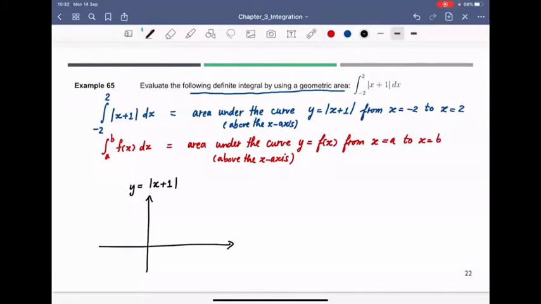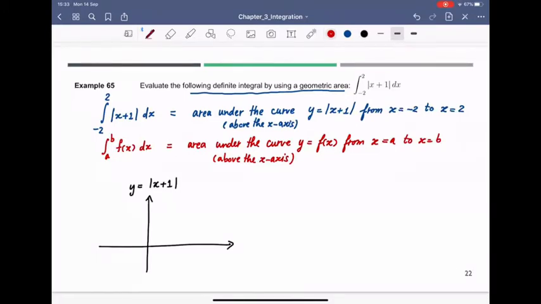So let's think about how to draw this picture. What is the graph of y equal to absolute value of x plus 1? For sure, the graph here is like a V shape, but because we have x plus 1 inside the absolute value, it's going to shift to the left by 1.